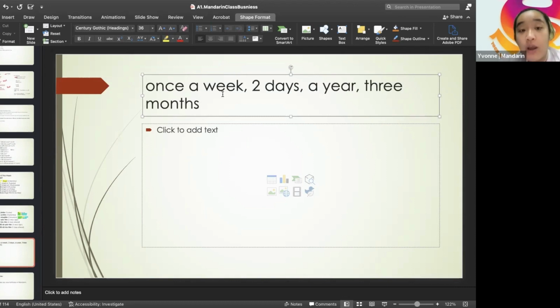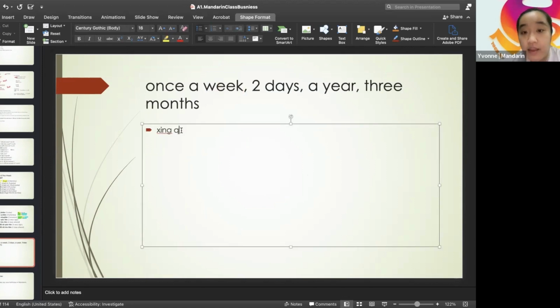We already know week is 星期, day is 天 or 日, year is 年, and months are 月. So how do we talk about the duration? This is where classifiers come in, because in duration, we are counting the time, right?